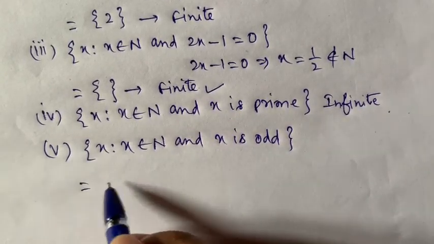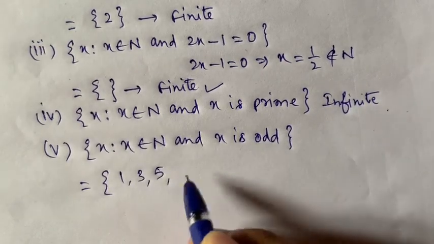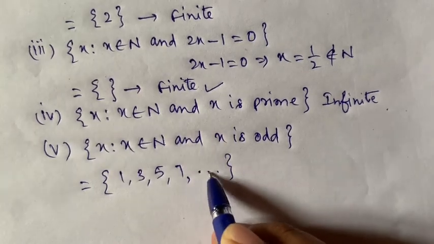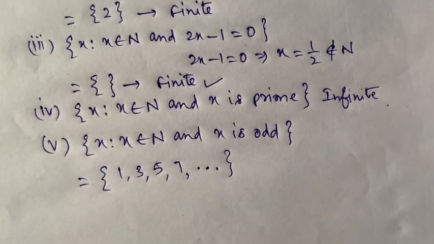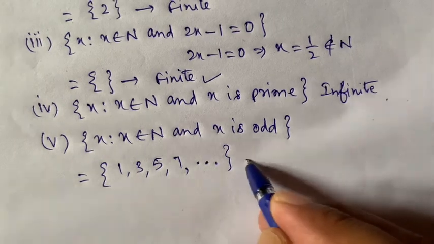Now if we write in roster form, it will go like 1, 3, 5, 7 and so on. So these three dots at the end indicate that we are talking about a set which has so many elements that we cannot represent them here, and since there is no end point, it is an infinite set.